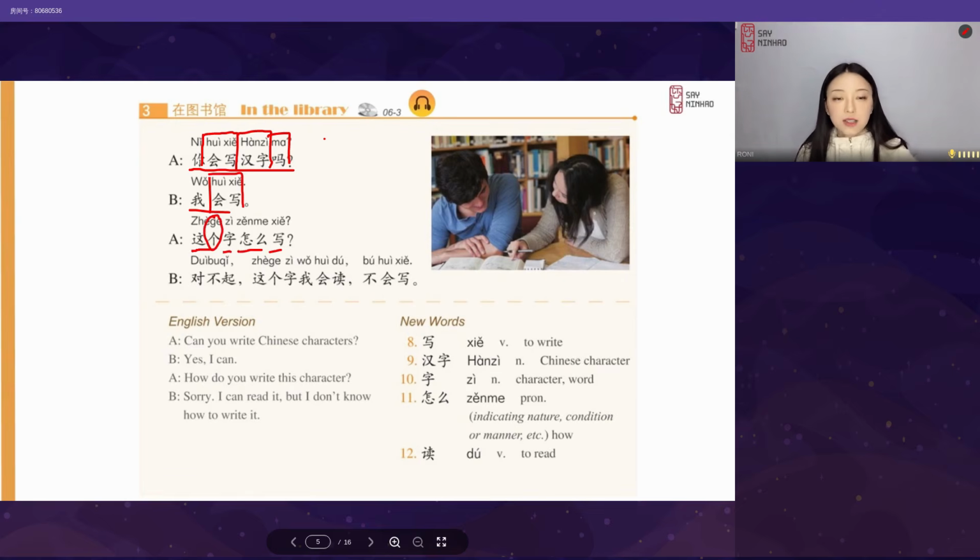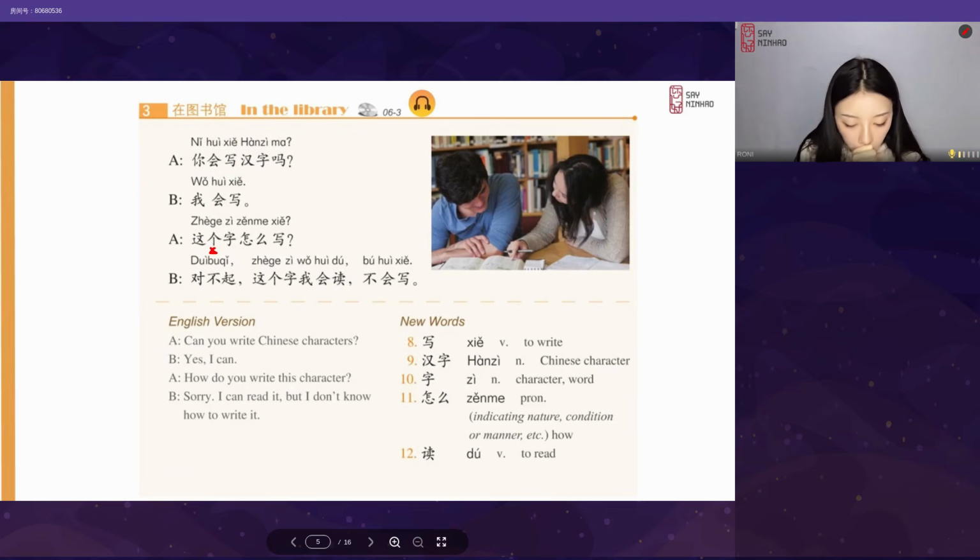And 这个字怎么写？这个 means this. 个 is a very general measure word, and please pay attention to the 个 here. It is a neutral tone. 这个字怎么写, this character, how to write it? And B answered 对不起. Still remember this word?